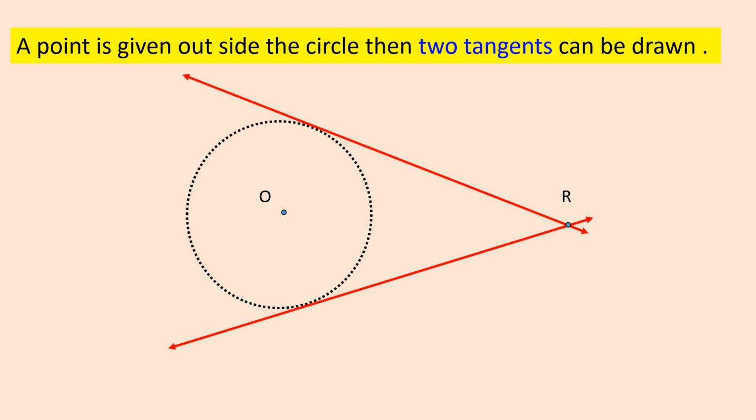So that's why the statement says that if a point is given outside the circle, then two tangents can be drawn to the circle from the given point which lies in the exterior of the circle. Clear? So the points P and Q you can see are on the circle. You can say lines PR and QR are the tangents drawn from point R to the circle.